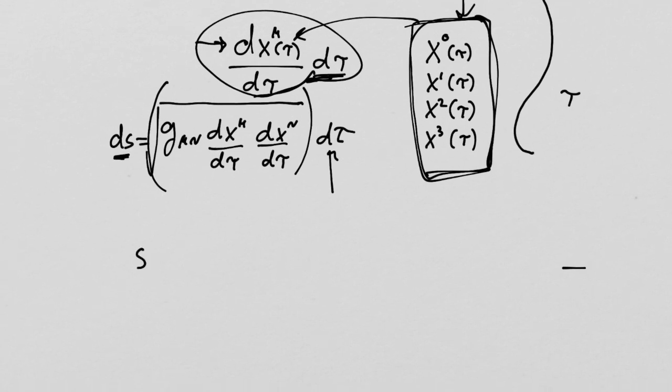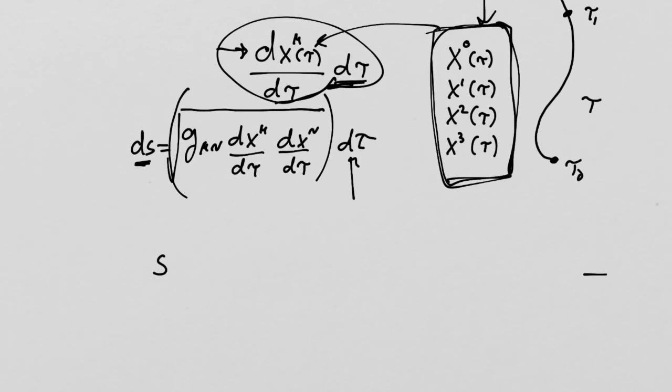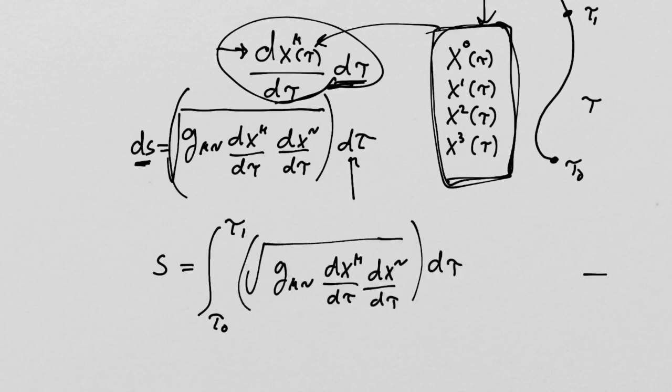So a finite distance along this path, meaning the distance, say, from the start, tau 0, to some point tau 1, you would write s is the integral from tau 0 to tau 1 of the square root expression times d tau. And that is basically how you use the line element to measure finite distances along paths in space-time.